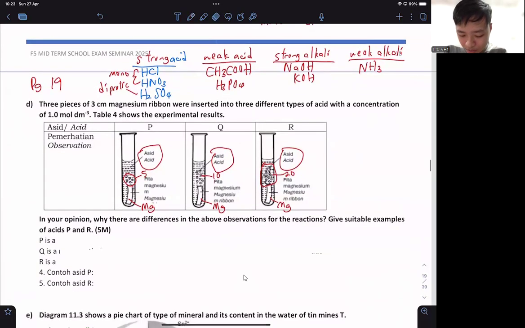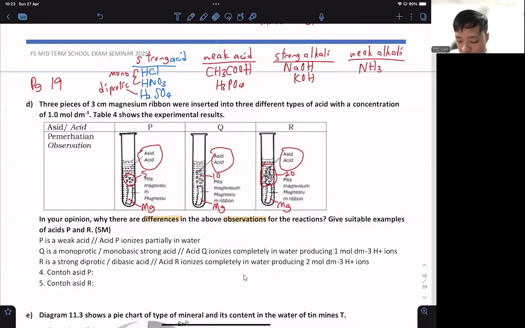So in this case, you can say P is a weak acid. If they ask why there are differences in the above observation, you can say it's a weak acid, or you can say P is ionizing partially in water. Q is a monoprotic acid.